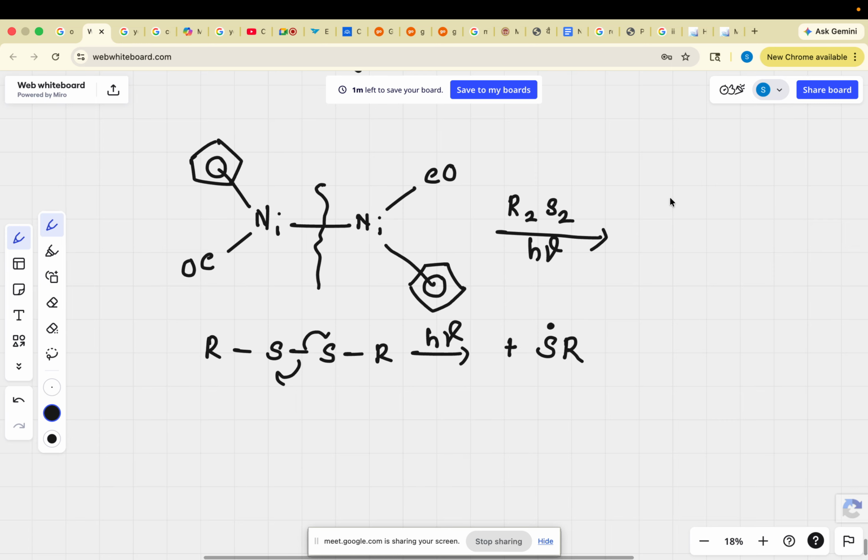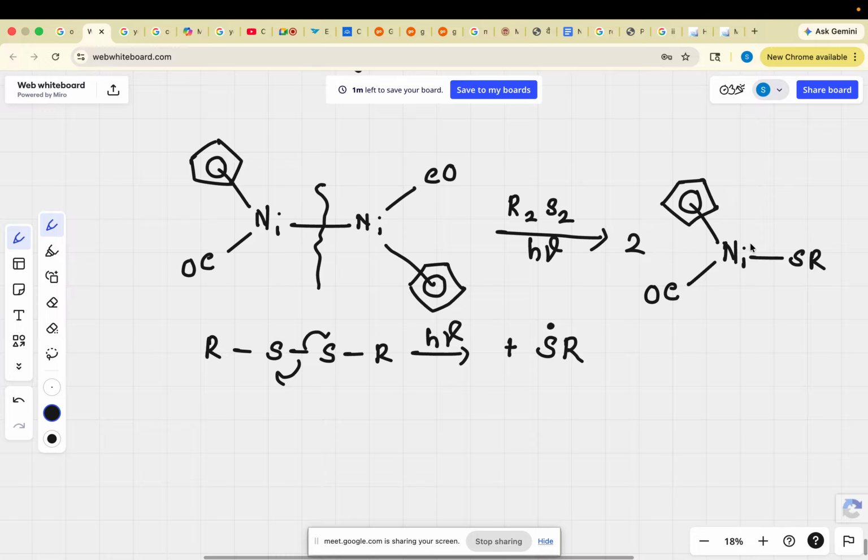So ultimately what you are getting, you have already one cyclopentadienyl ring ligand. Here you have nickel, this side you have CO, and this is now attaching with your SR. You will get 2 moles of this.